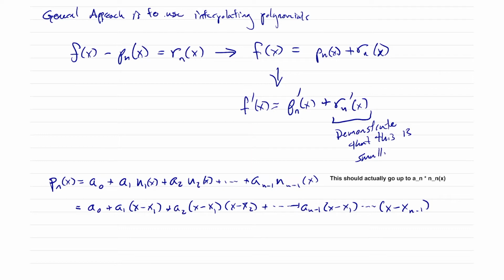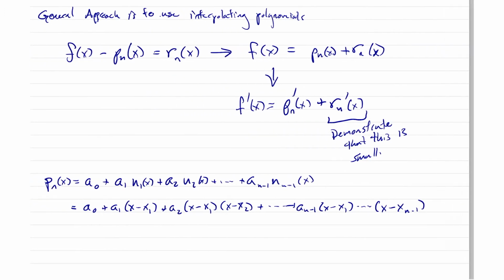And something that we really want to take a look at is at each one of these n's. So what I'm going to demonstrate is that we can actually make a lot of these terms go away when we're trying to do this sort of estimate. And so for instance, say I want to figure out what Pn prime is evaluated at x1. Right, and so this involves taking derivatives of these ni of x, which is going to be x minus x1 up to x minus xi.